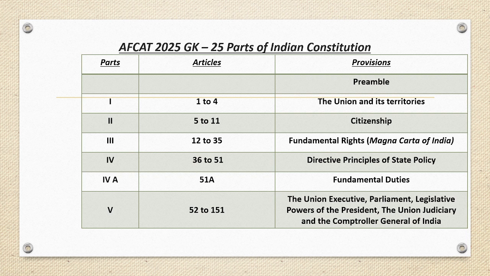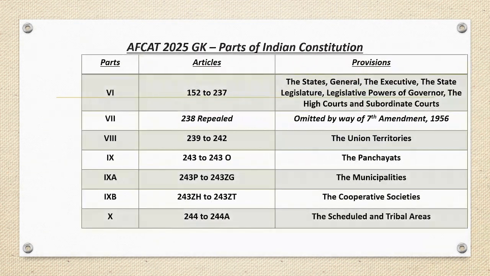Then we have part 5, dealing exclusively with the center. Center is called the Union. Articles 52 to 151 in part 5 discuss the Union executive, parliament, legislative powers of the president, the Union judiciary, and the Comptroller and Auditor General of India. Next we have part 6, articles 152 to 237.